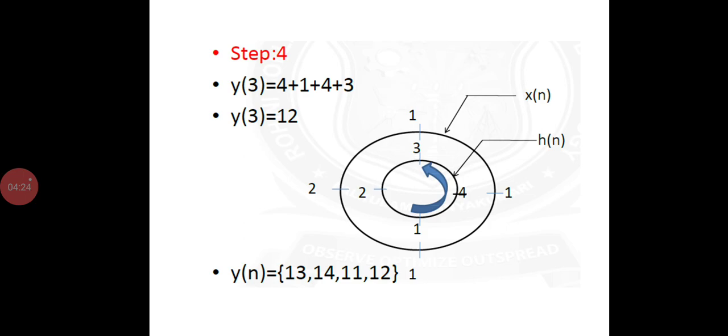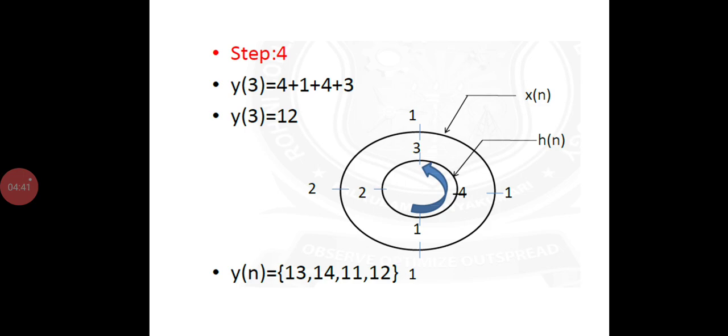Finally, in the fourth step, the inner concentric circle is again rotated by 1 unit in the anti-clockwise direction, and we multiply the sequences at those positions to find the value, and at last we denote the output sequence as y of n.